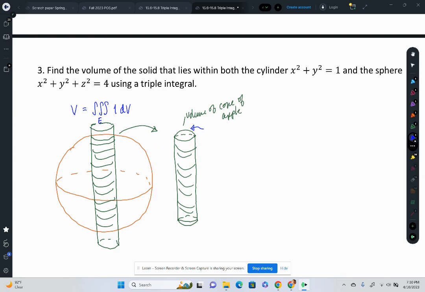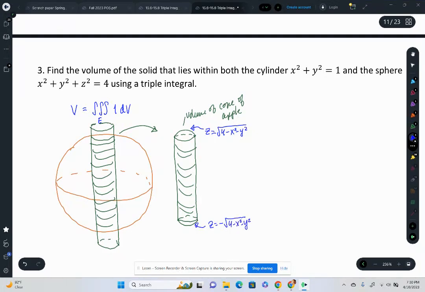And the top of a sphere, of this particular sphere, is z equals the square root of 4 minus x squared minus y squared. And then the bottom of this shape is z equals minus the square root of 4 minus x squared minus y squared. So all I'm doing is going to the sphere equation and solving for z. That gives me the equations of the top and the bottom parts of the sphere.